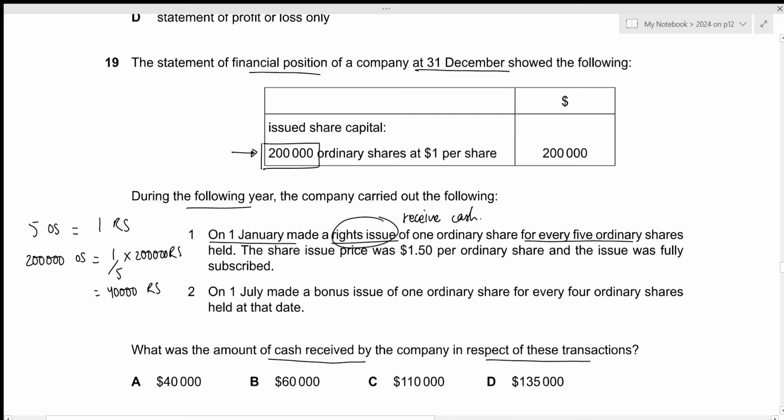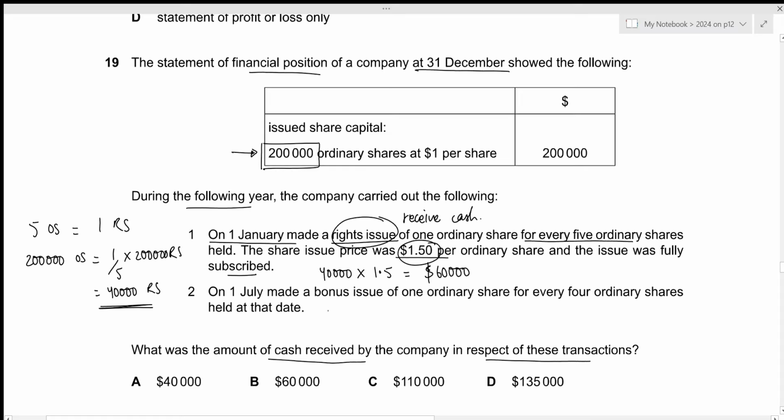Okay, and the share issue price was 1.50 per ordinary share, and the issue was fully subscribed. It means that all 40,000 shares were bought by the existing shareholders at a price of 1.5. So the amount of cash that will be received by the company due to this transaction will be 40,000 times 1.5, which results in the value of 60,000.